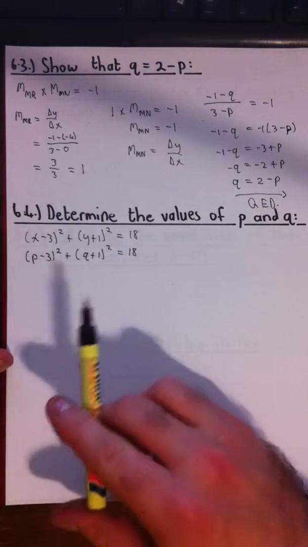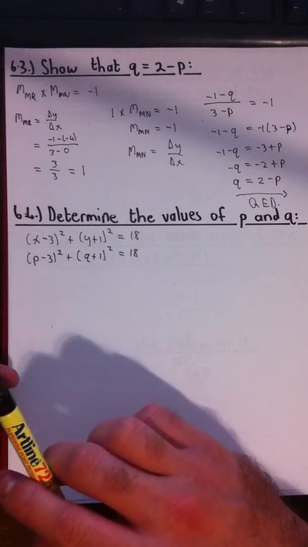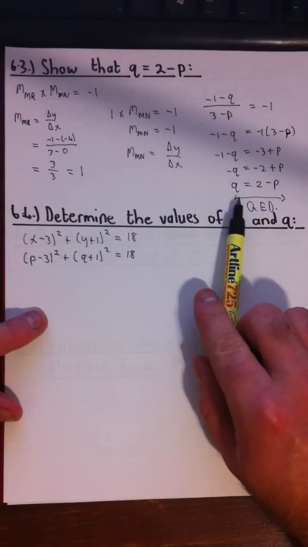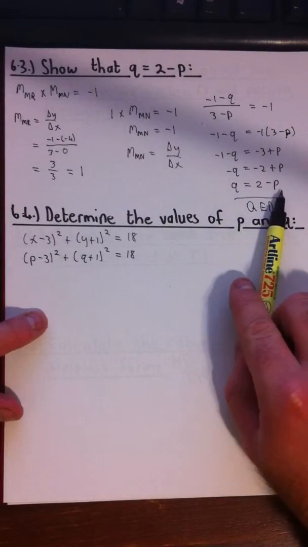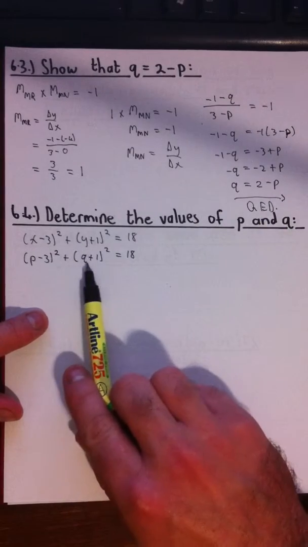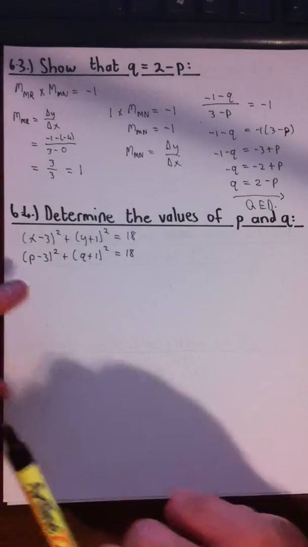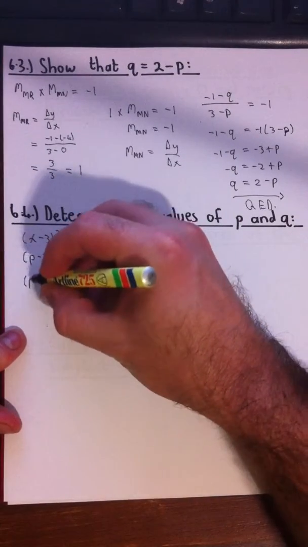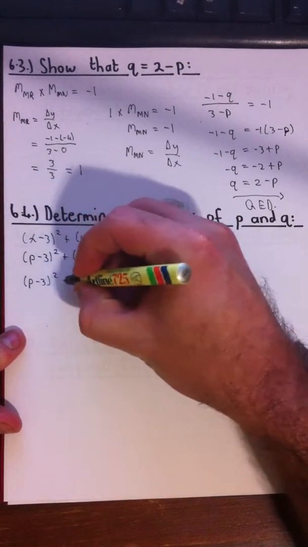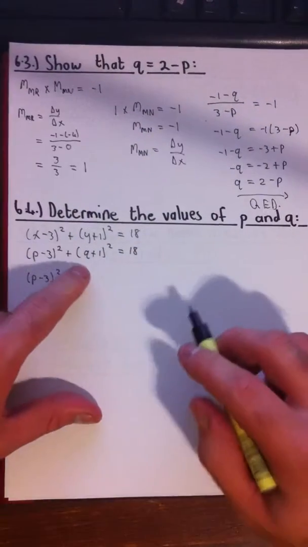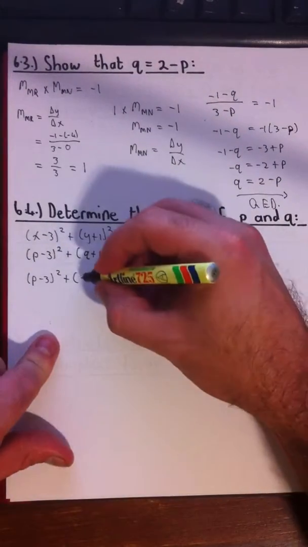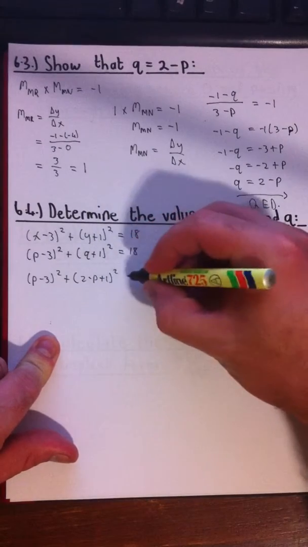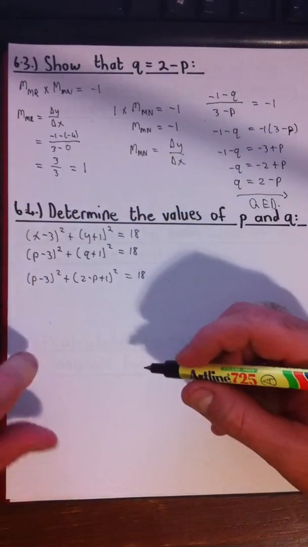You need the same number of equations as unknowns to be able to solve all of the unknowns. But in the previous question we showed that q is equal to 2 minus p, and therefore we can replace the q with 2 minus p. So let's do that. Over here we've got p minus 3 squared plus, and now instead of q we'll have 2 minus p. So we'll have 2 minus p plus 1 squared equals 18.